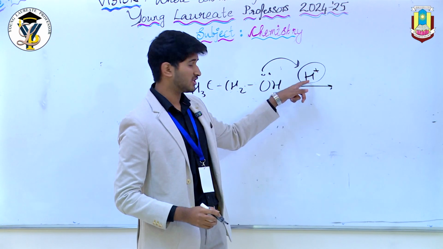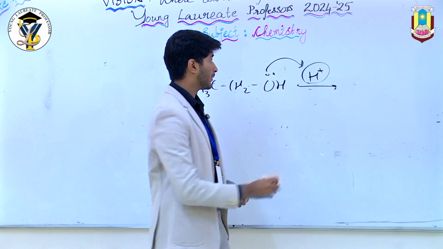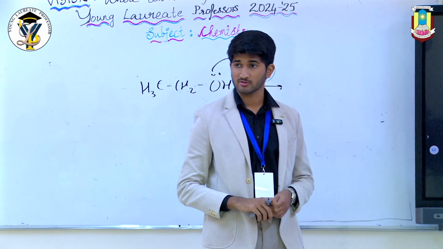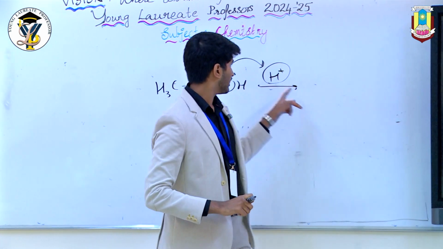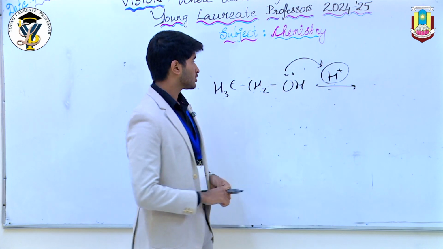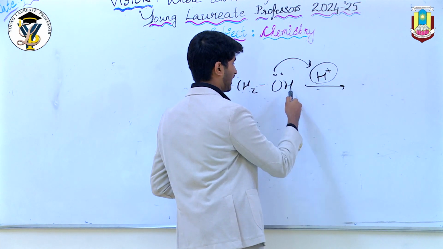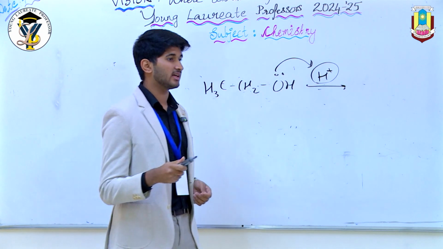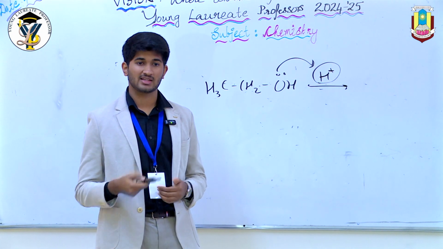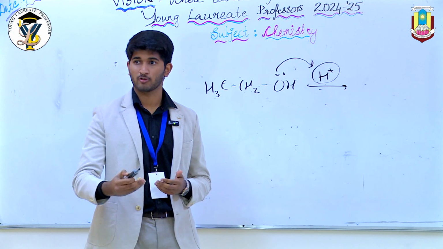This H plus, which has a plus charge, and as we know hydrogen only has one electron, is basically a proton. So when this proton is added to the reaction, it acts as a starting point of the reaction to help accelerate its growth and carry it forward.